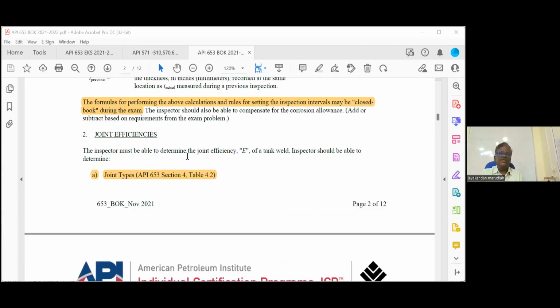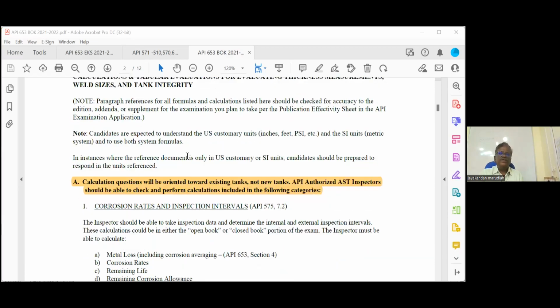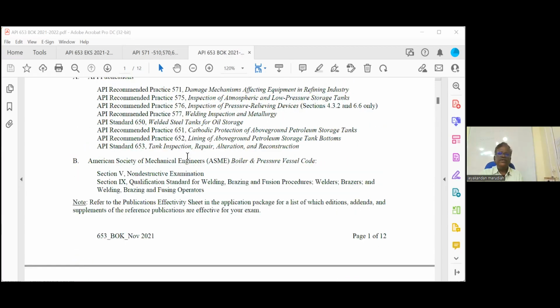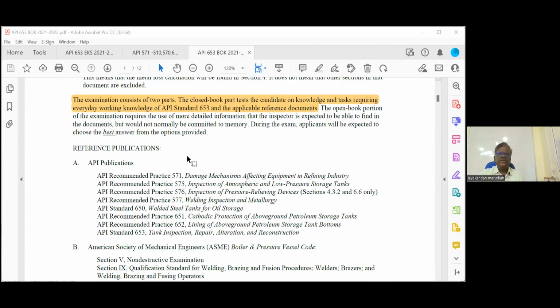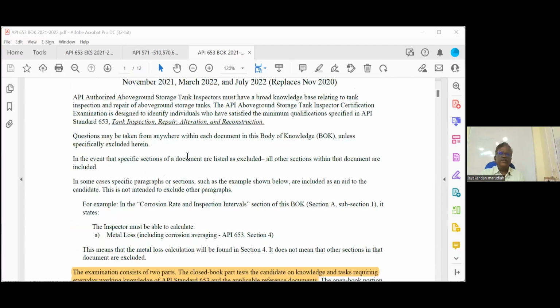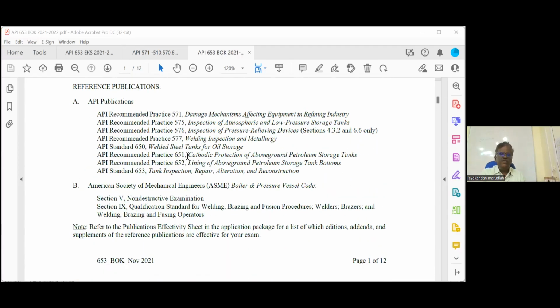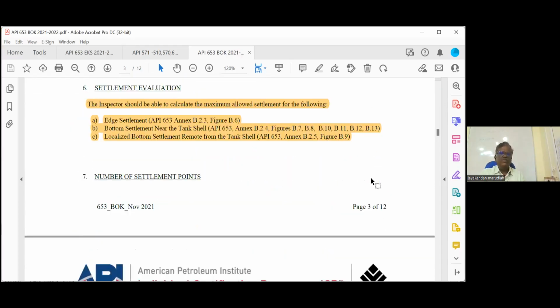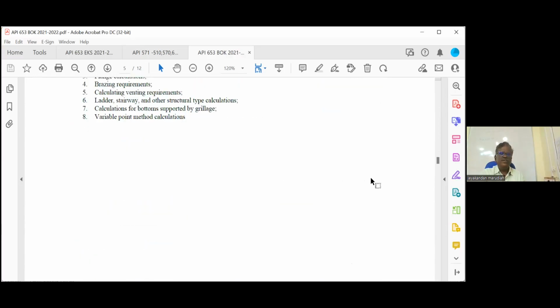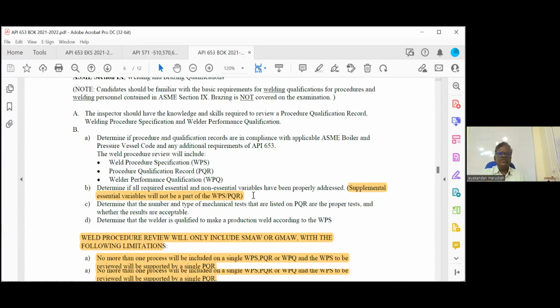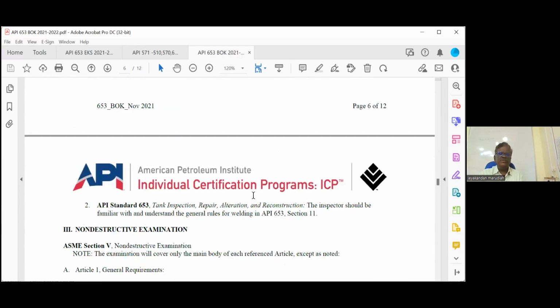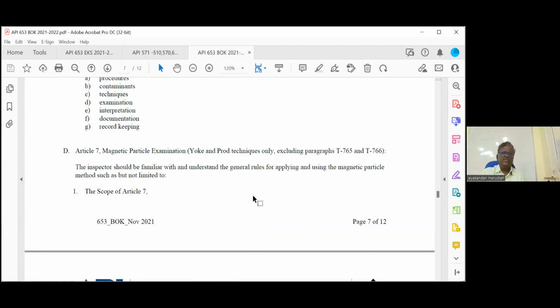My question is, do I need to focus on the full 571, or only what is given in the body of knowledge? Only what is given in the body of knowledge, only these 11 damage mechanisms. No need to focus on the other 571. Questions are only based on these 11.